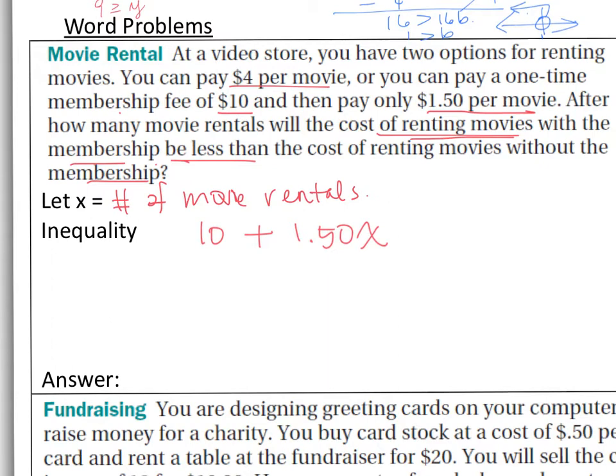And it says, when will it be less than the cost of renting movies without membership? So it says here that it's $4 per movie without the membership. So 4x.